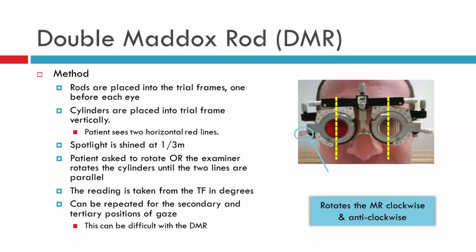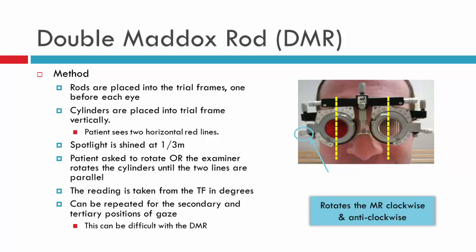So essentially we're using one line as the reference, and the other will be tilted in such a way that it will become parallel to the other. And to do this, the patient will, or you can do this for them, rotate this particular dial here so that the lens, or in this case the Maddox rod, can be rotated either anti-clockwise or clockwise to bring that line in alignment or parallel to the other line.